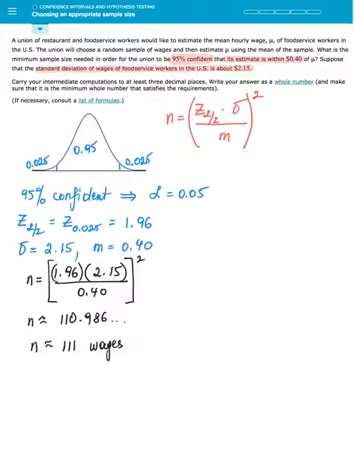First of all, I copied the formula. Sample size n is equal to critical value z sub alpha over 2 times sigma divided by m, all squared. Your sample size will depend on your confidence level because the size of this percent will impact your critical value.